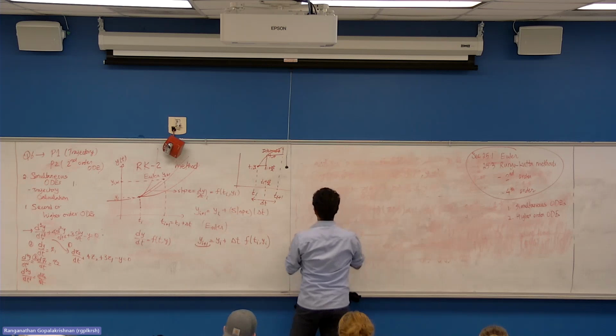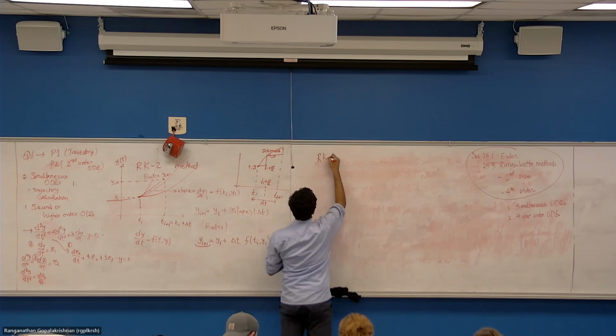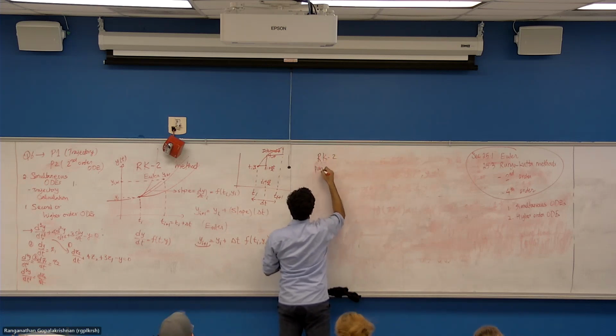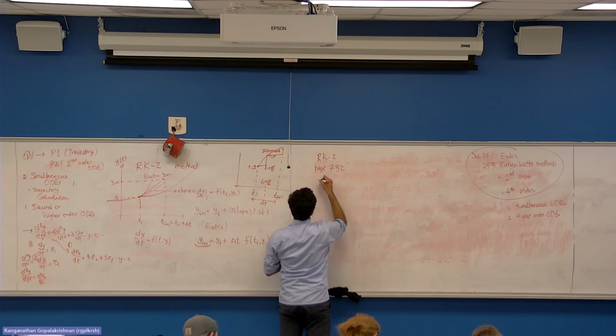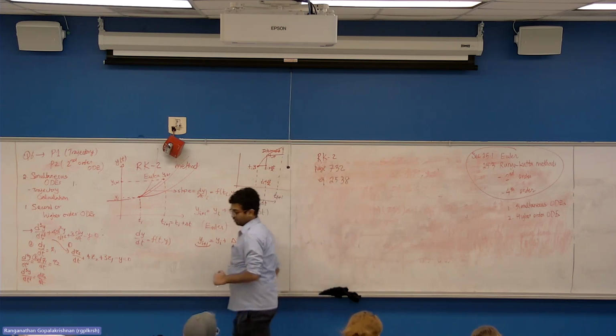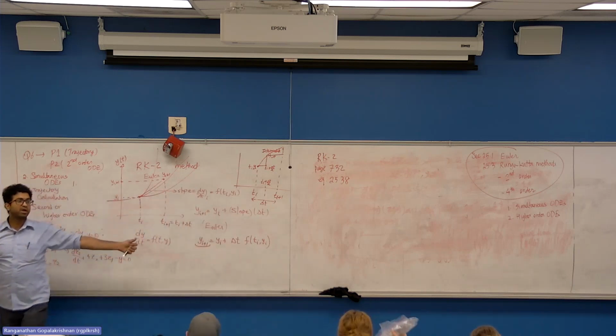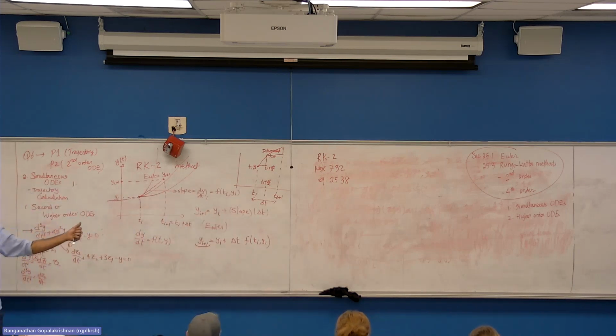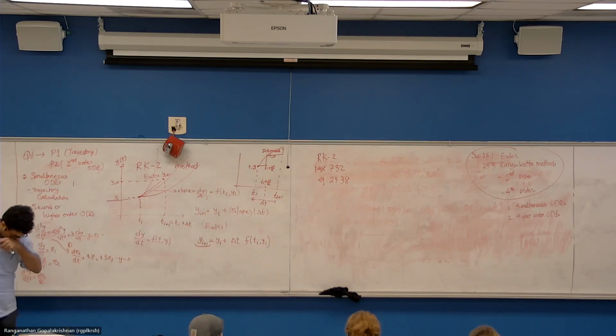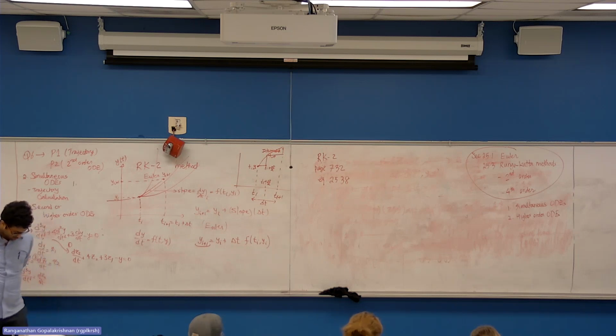So RK2 method, page 732, equation 25.38. If I were you, I would put this on my cheat sheet for the exam too. So it goes like this.